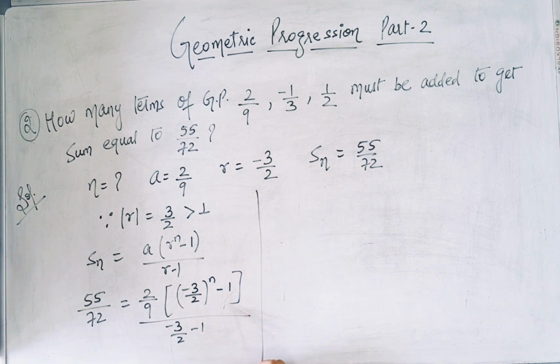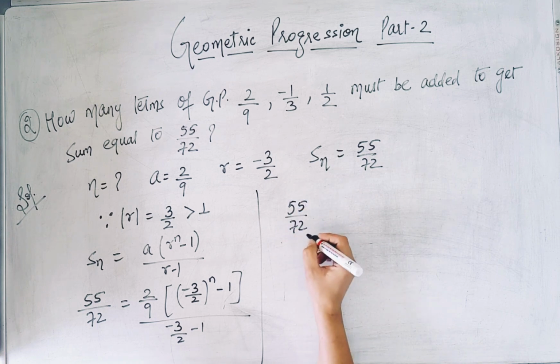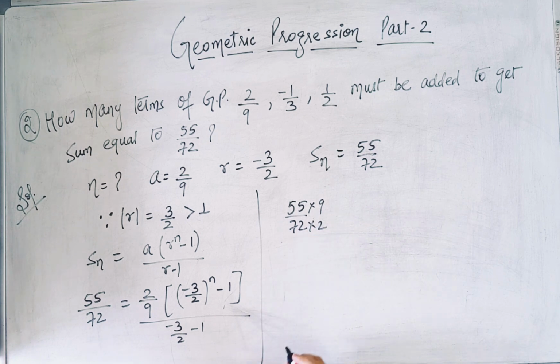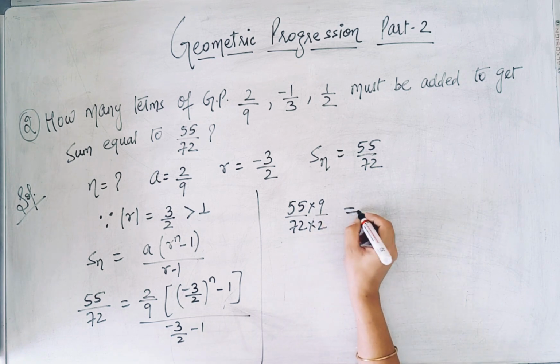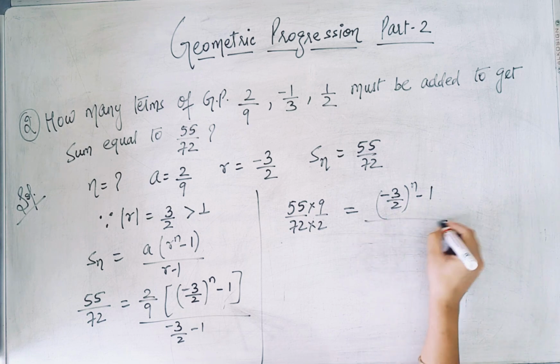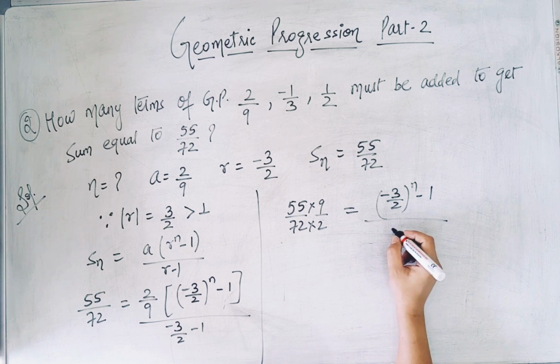Now when we solve it, 55 by 72, 9 will go there and 2 will be over here. Similarly, when we solve this, we will get minus 3 by 2 to the power n minus 1 upon, here we will get minus 3 minus 2, we will take the LCM, minus 5 by 2.